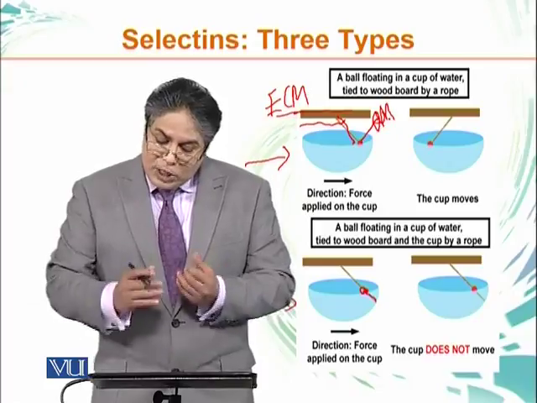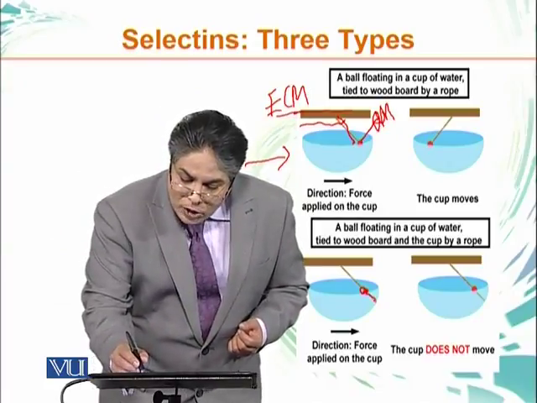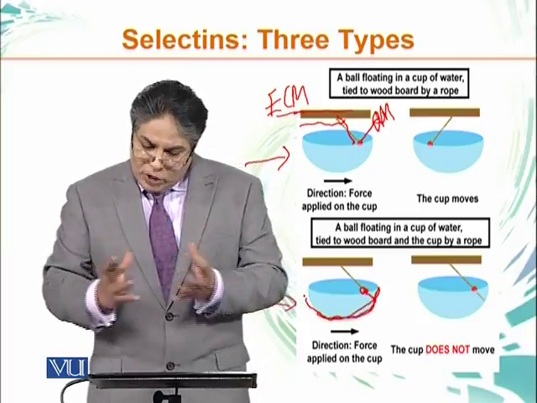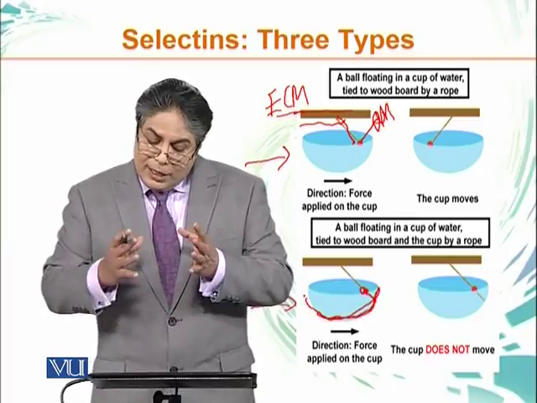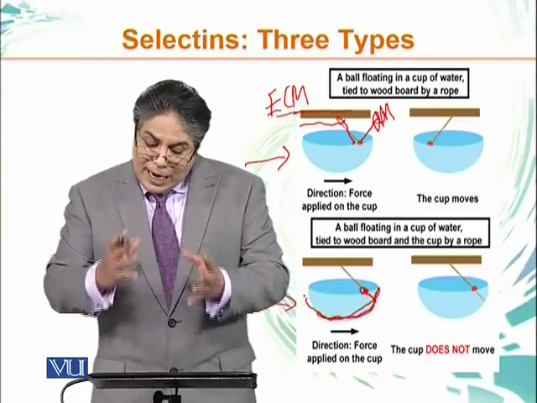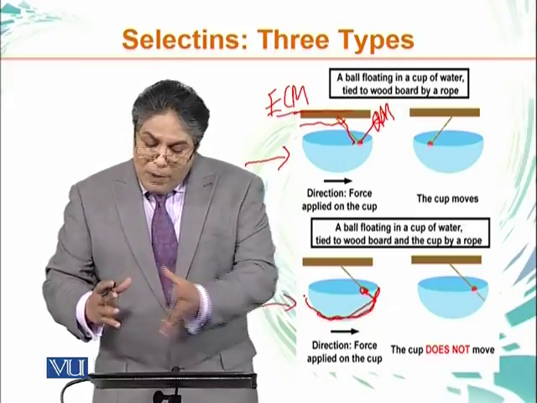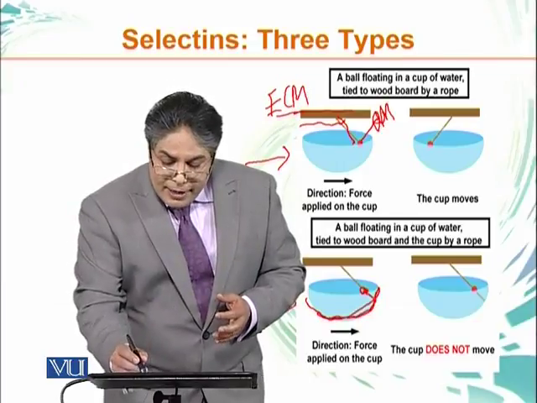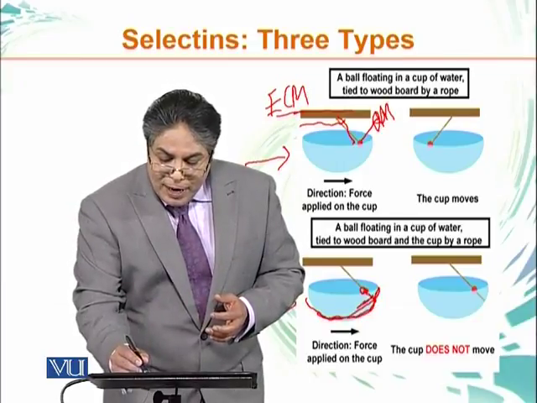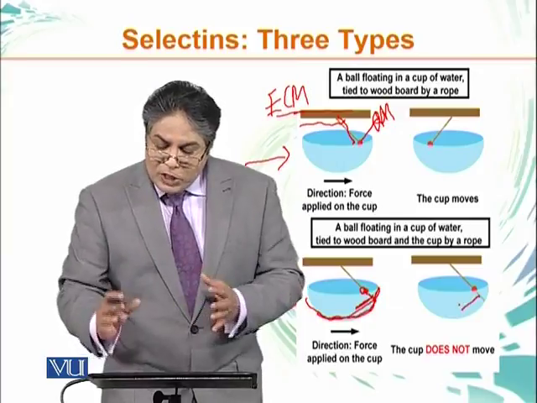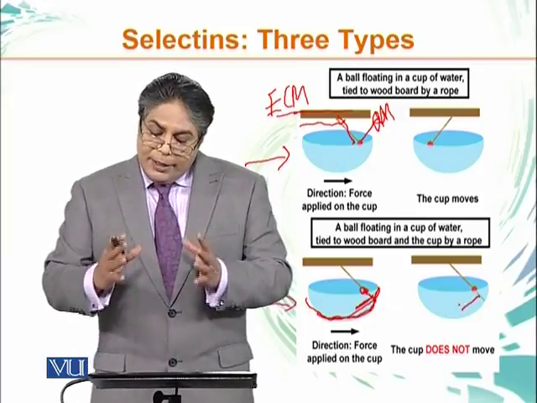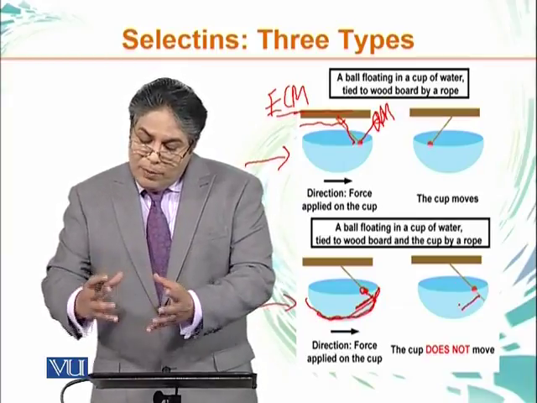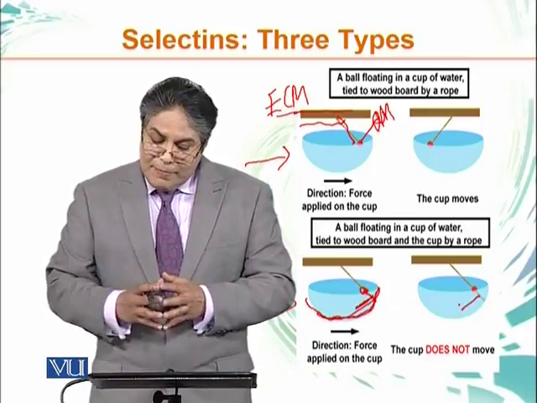However, in the next experiment, when we attach this ball to the side of the cup, the side of the cup is a solid structure, and in our example it represents the cytoskeleton. So if we now apply the force, the cup will not move because it's attached to something solid. The string attaching the red ball to the side of the cup is like the molecules that link your adhesion molecule with the cytoskeleton.